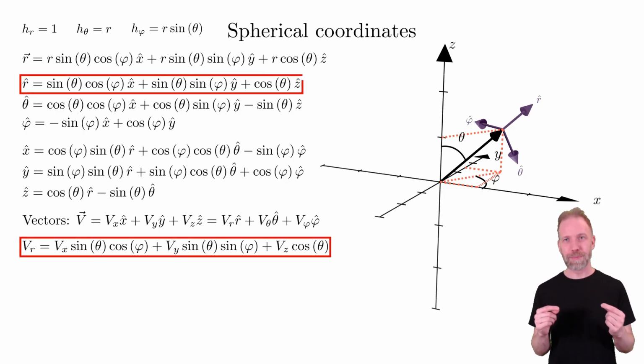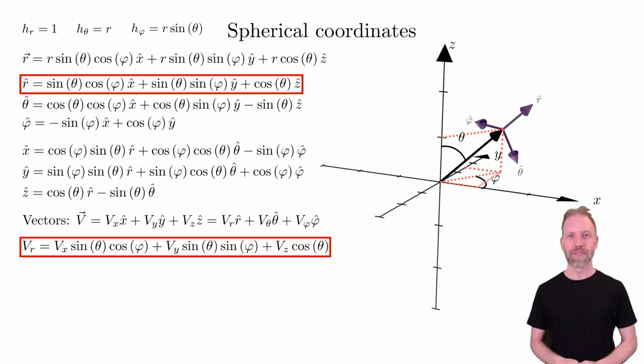Note the similarities between the equation for r hat and the equation for v r. All we need to do is replace x hat with vx, y hat with vy, and so on. This pattern will work for all directions, and I will only type out the results for the remaining ones.